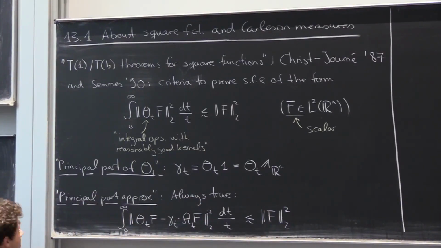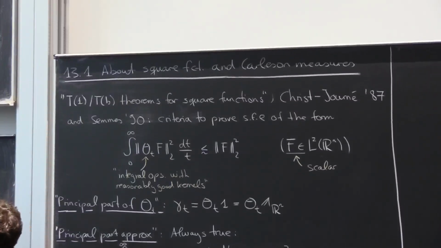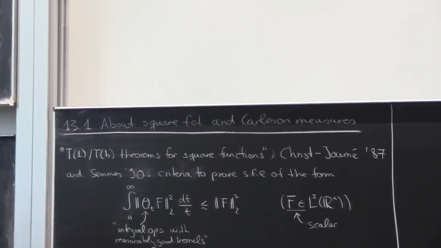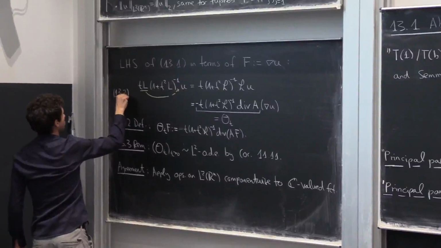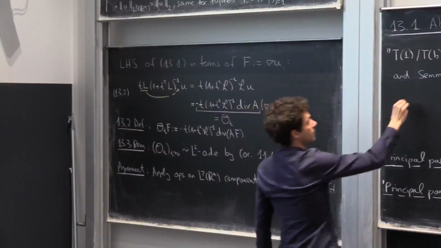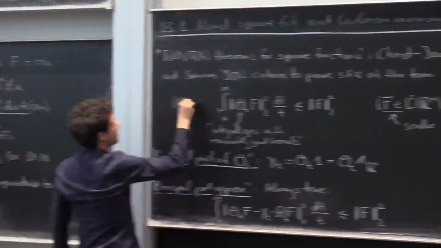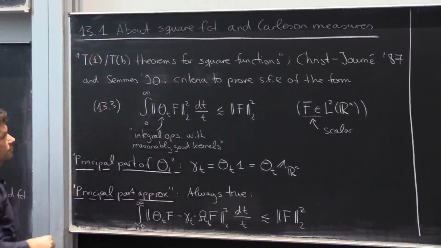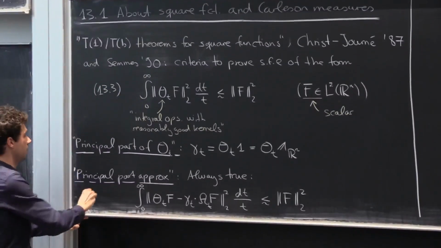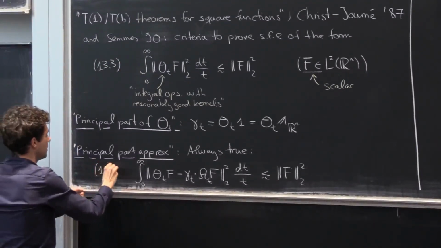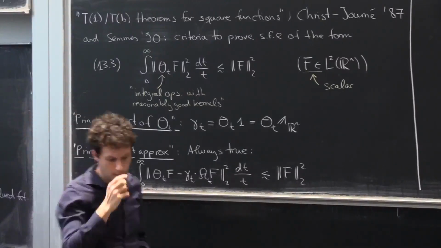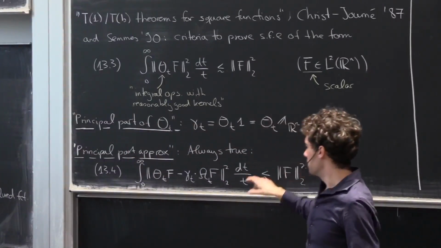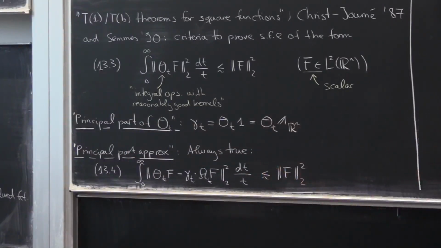In the notation of the lecture notes, I'm going to call this definition 13.2. The thing I want to prove in the Semmes–Journé context is 13.3, and the principal part approximation is 13.4. All right, so this is always true.